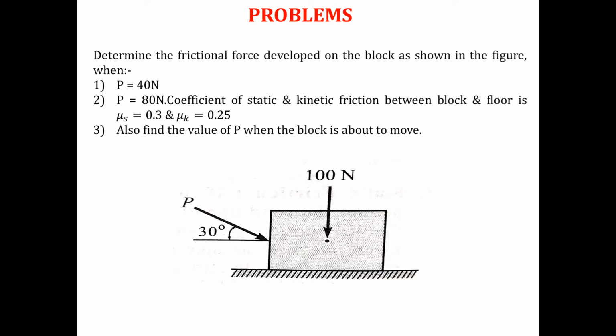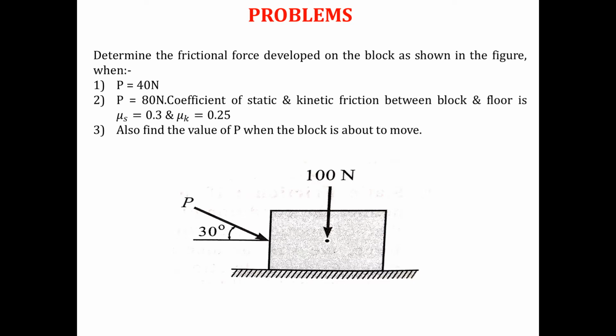Given that the coefficient of static friction mu s is 0.3, and mu k, the coefficient of kinetic friction, is 0.25, and also find the value of P when the block is about to move.